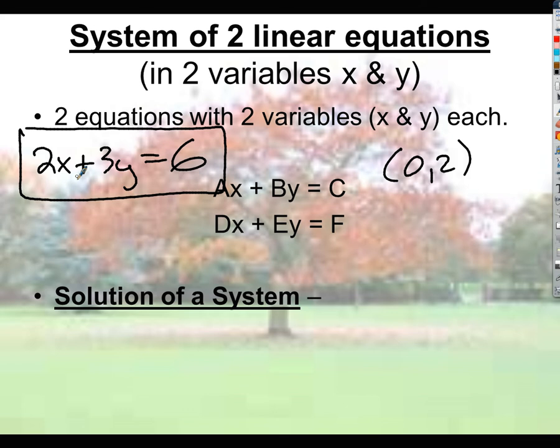Are there other solutions? Anybody think of another one? Yeah, x is 3, y is 0. Good, there's another one. How many are there total? Those that we've named are two, could I get others? How many solutions do you suppose there are to this linear equation? Infinite, right.